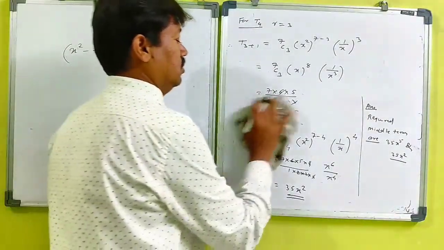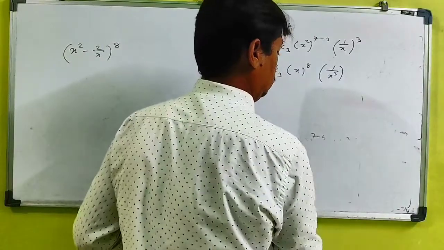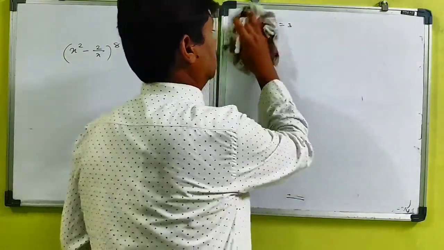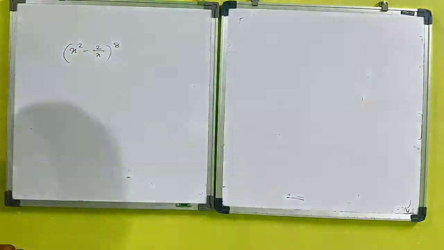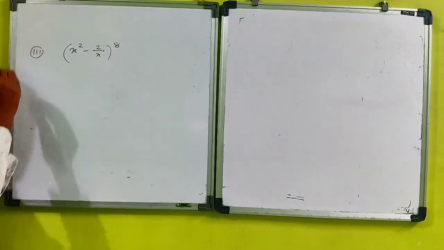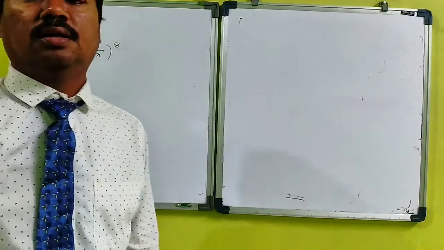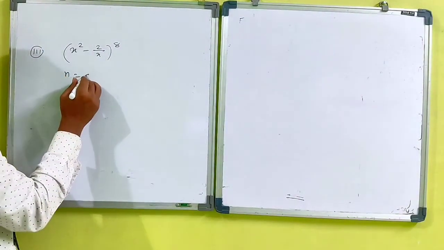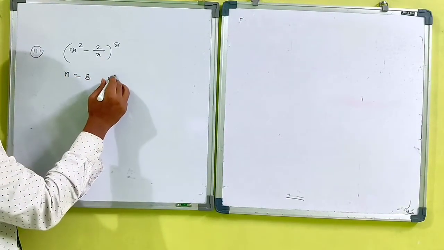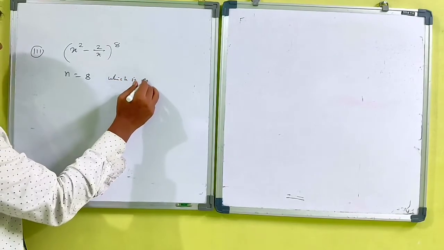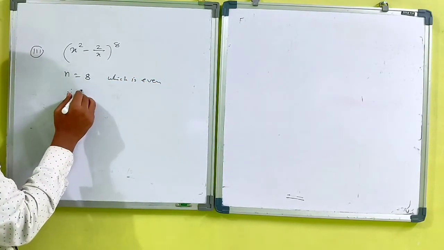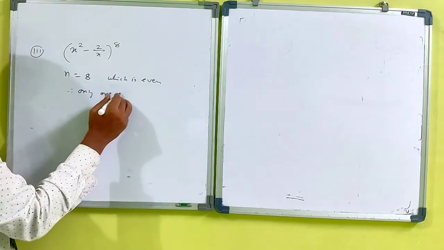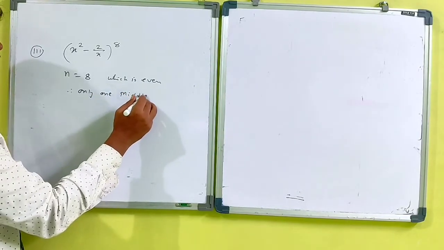The question is to find the middle term. Again, now here n is equal to what? 8. So it is even. Therefore, there is only one middle term.